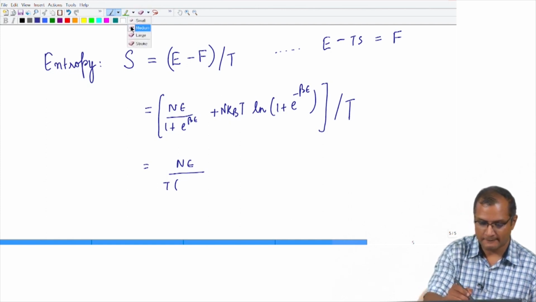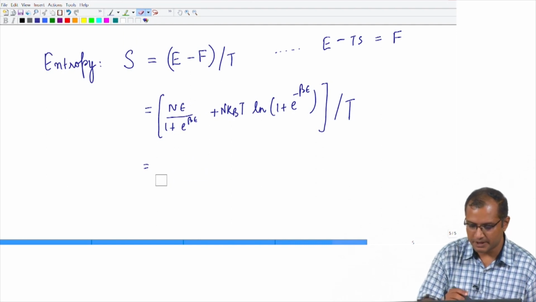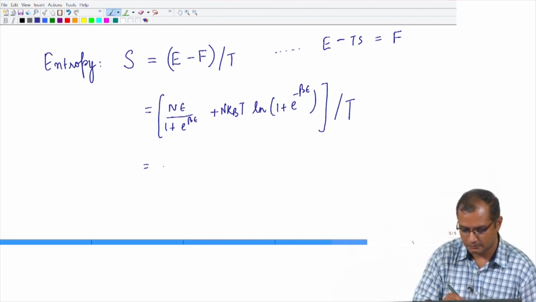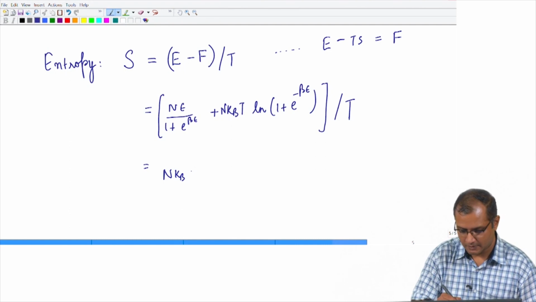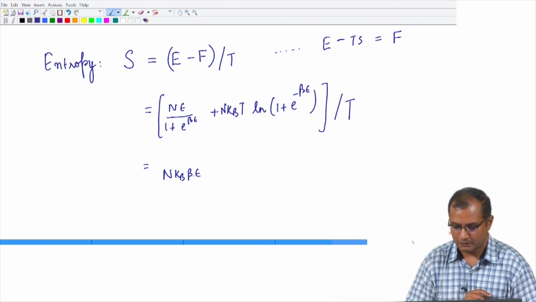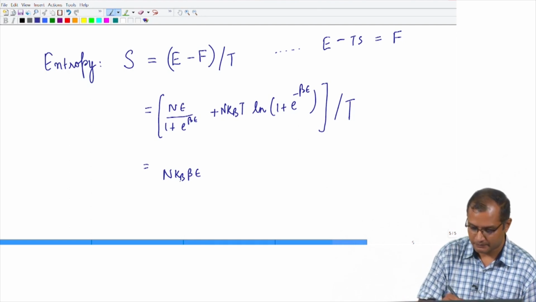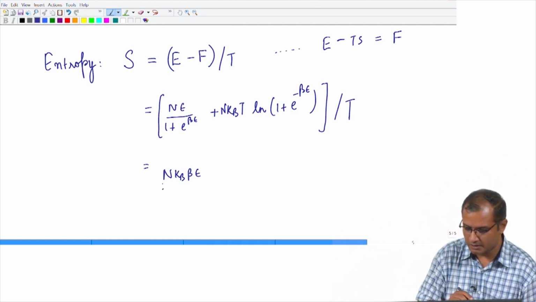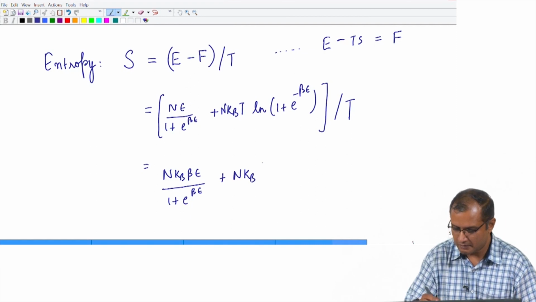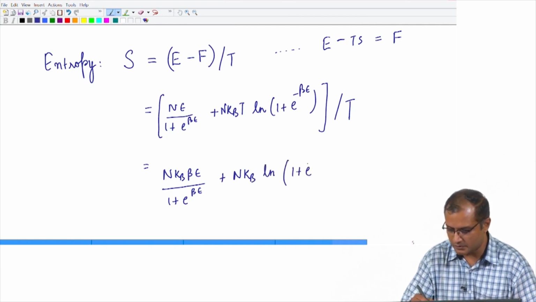So, you can write your answer in terms of beta. 1 upon T is nothing but kB beta, and the remaining is just n kB into ln(1 plus e raised to minus beta epsilon).